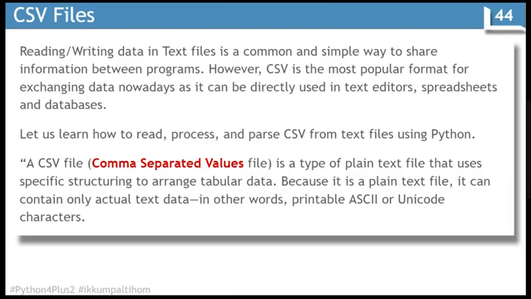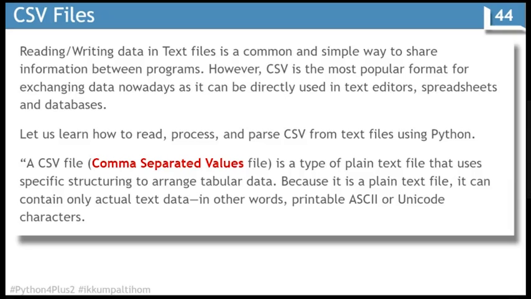Let's learn how to read, process, and parse CSV from text files using Python. A CSV file is nothing but comma separated file, a type of text file that uses specific structures to arrange tabular data. Because it is a plain text, it can contain only actual text data.